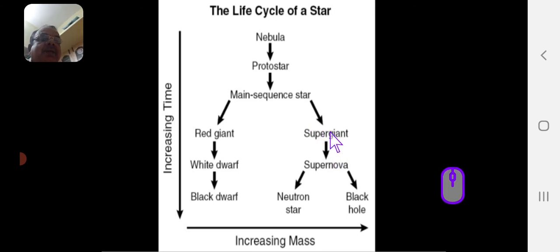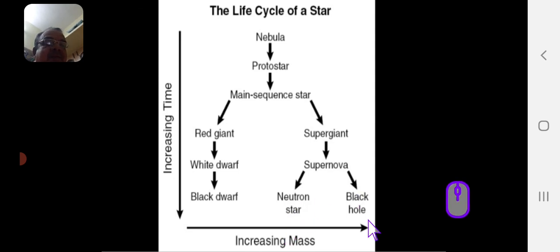Some metal elements are also present in the core of the supergiant stars. These supergiant stars form a supernova and explode. That is called a supernova explosion, forming a neutron star and a black hole. Some of the neutron stars spin around and emit radiation energy. Those stars are called pulsars.